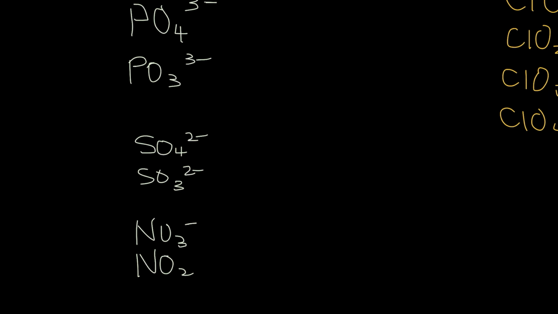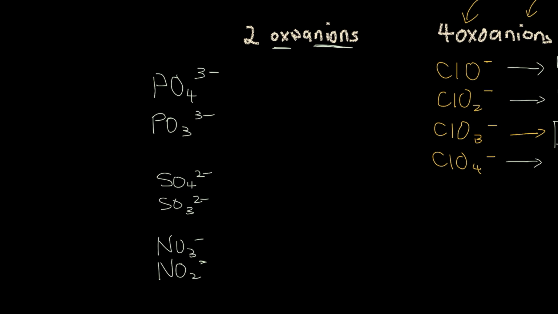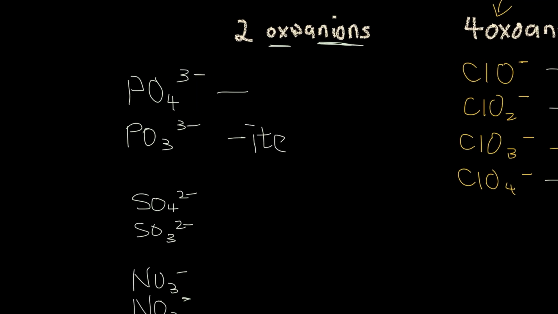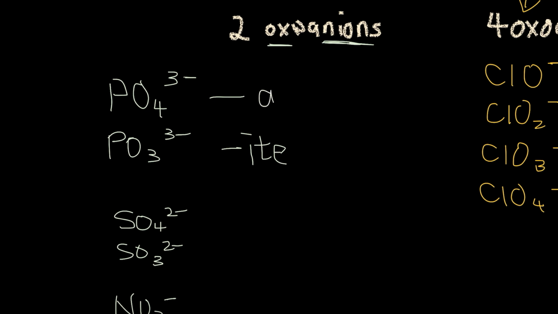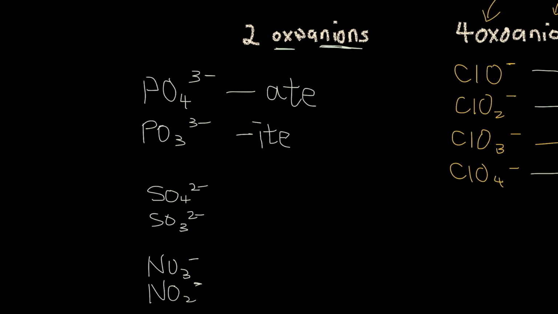Now, we see that their oxygen numbers are a bit different. Where there is an anion that can only have 2 oxoanions, 2 forms of it, the smaller form, which is the one with the least oxygen, will end in ite, and the bigger form of the oxoanion will end with ate.